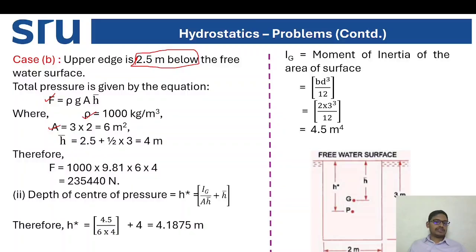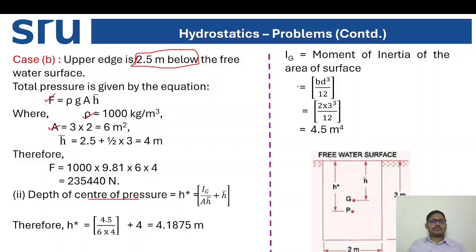So depth of center of pressure H star is equal to Ig by A into H bar plus H bar.